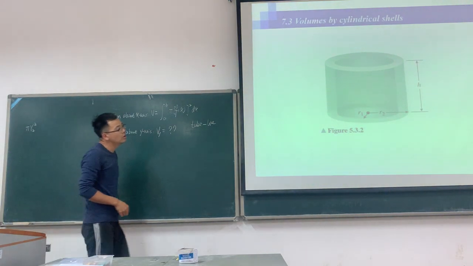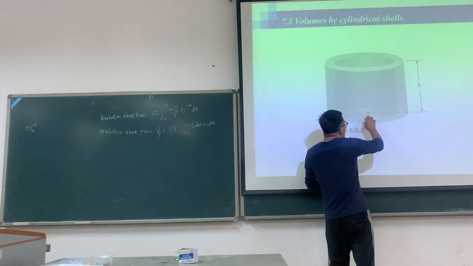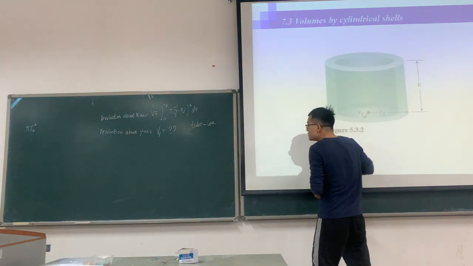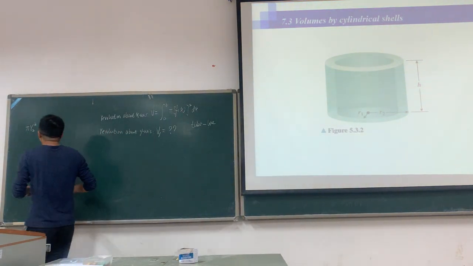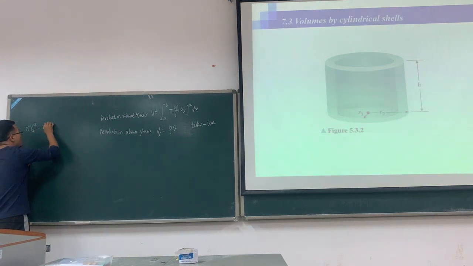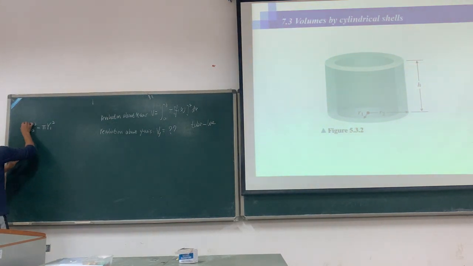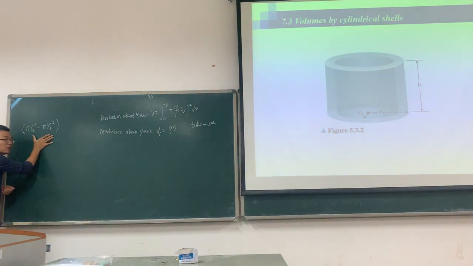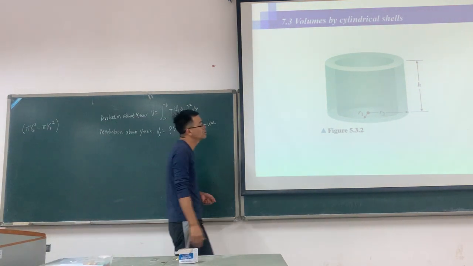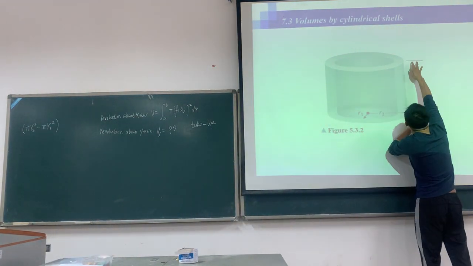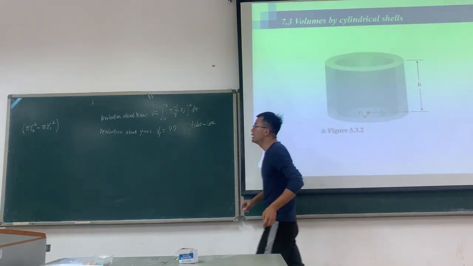So we need to subtract the area of the inside circle, so minus pi R1 squared. This is the area of the inside circle. So this number is the area of the closed section, times the height h.